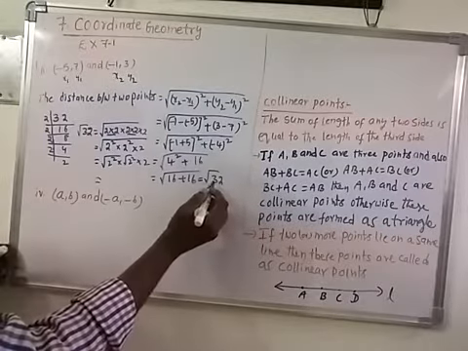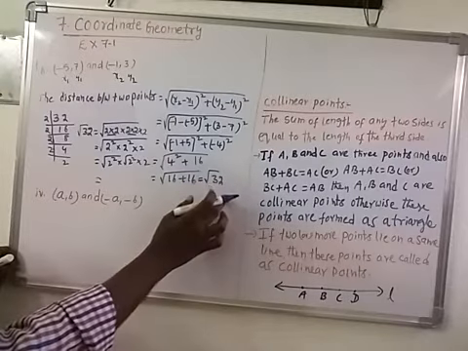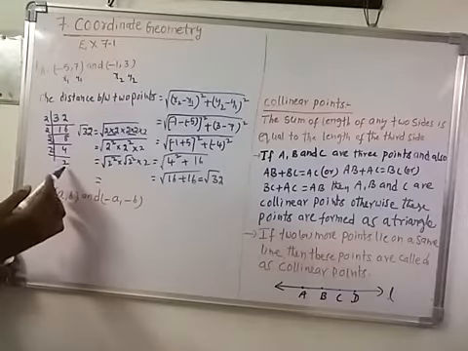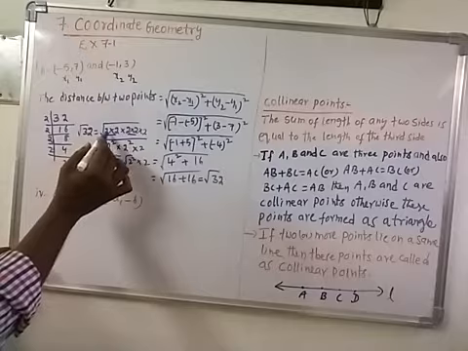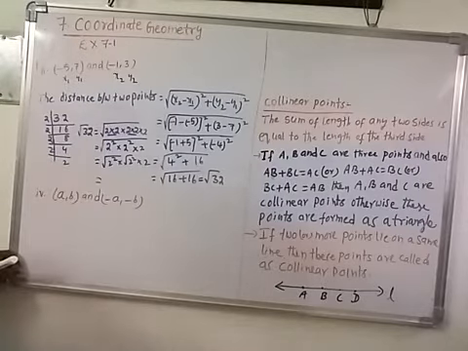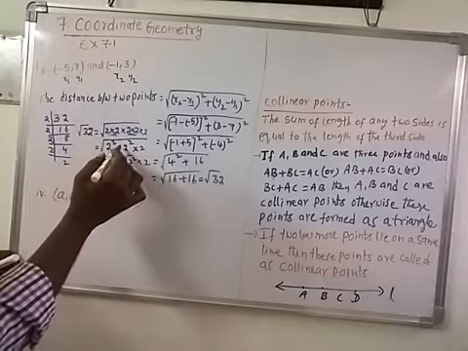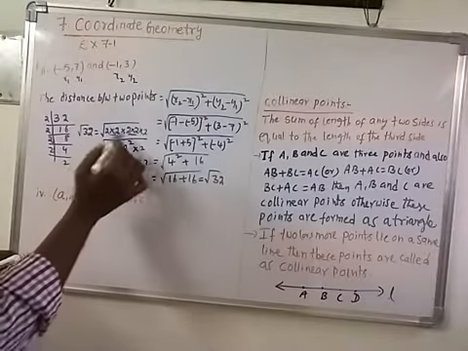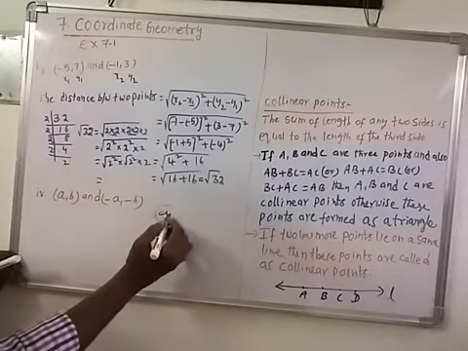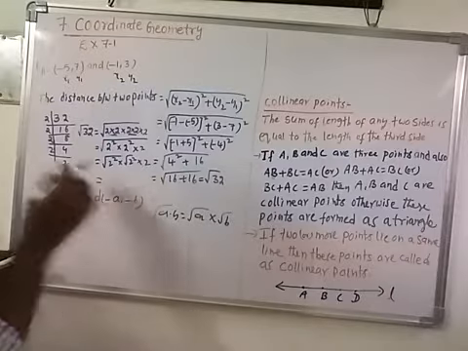Right? 32 can be written as 2 into 16, 16 is 2 into 8, 8 is 2 into 4, 4 is 2 into 2. So 32 can be written as 2 into 2 into 2 into 2 into 2. So 2 comes how many times? 5 times. So we can write 2 square into 2 square into 2. So square root of, we know the square root of a into b equals square root of a into square root of b, so we can do it separately.